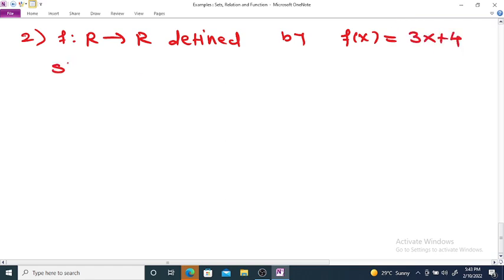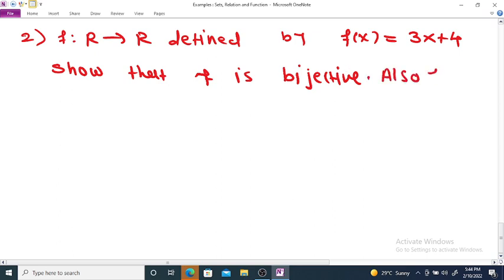Show that f is bijective, and also find the formula for f inverse.